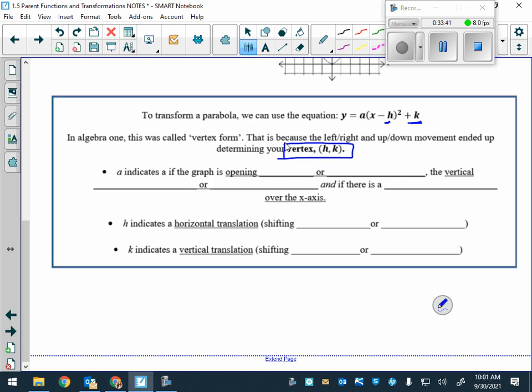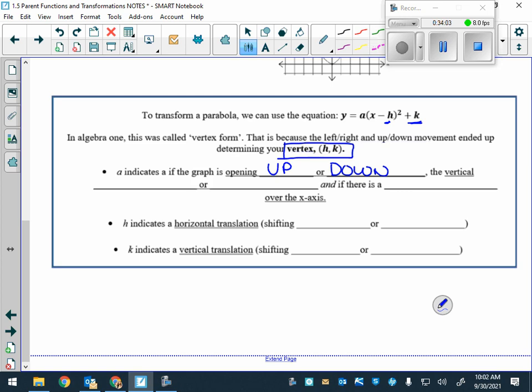So what are some things that the A value tells us to do? If the graph is opening, what direction? Good. Opening up or opening down. Then there could be a vertical what?